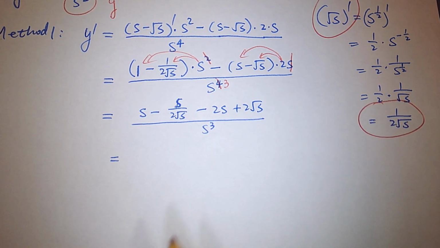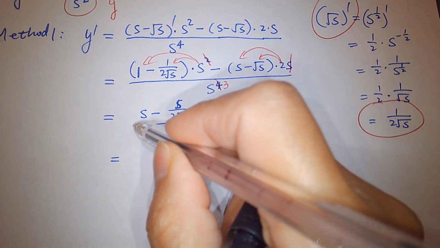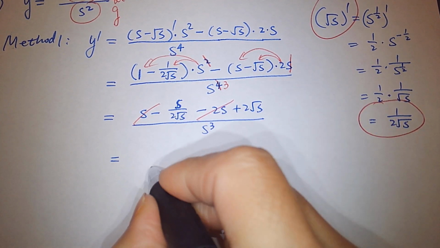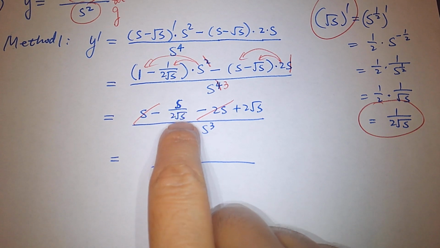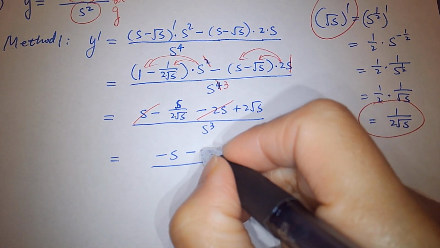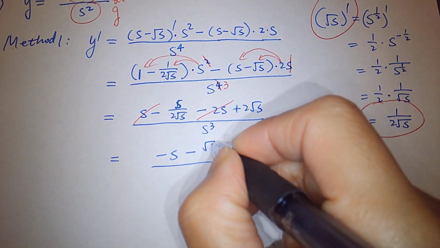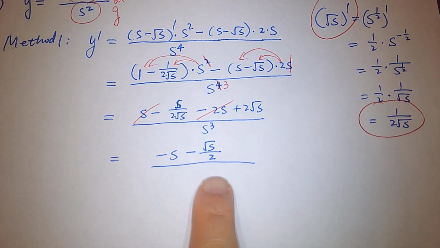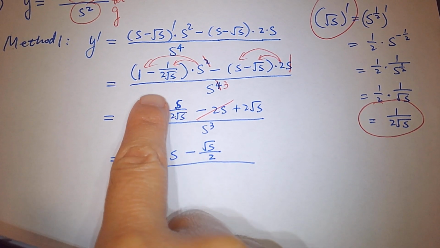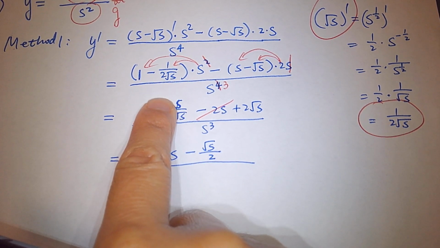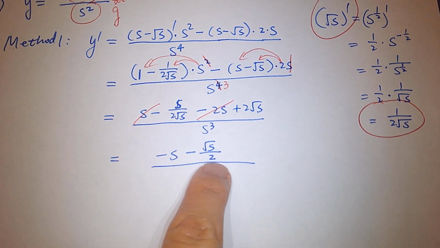Now we have s and negative 2s. Are they like terms? Yes, they are. So combine them, which gives us negative s. s divided by square root of s gives us square root of s over 2, right? Because s over square root of s gives us square root of s, and then the 1/2.